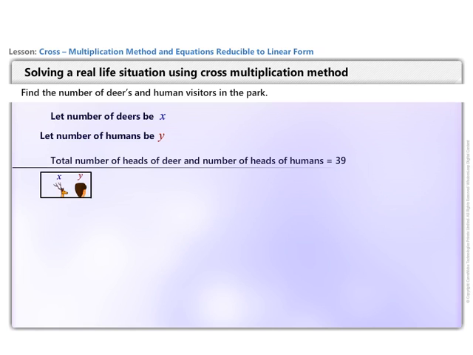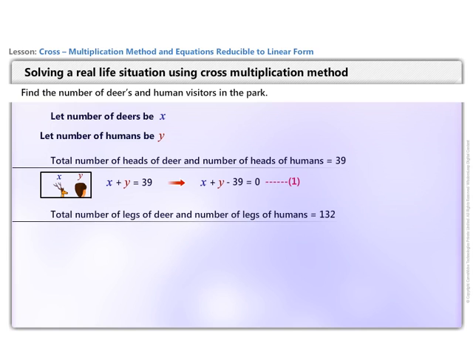According to the statement, the total number of heads of deer and number of heads of humans is 39. This can be written algebraically as x plus y is equal to 39, or x plus y minus 39 is equal to 0. Let us consider this as equation 1. It is also given that total number of legs of deer and number of legs of humans is equal to 132.